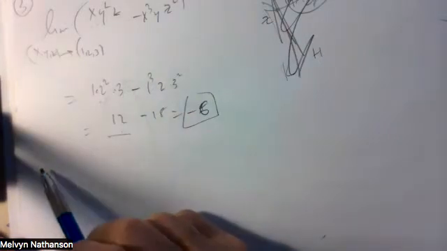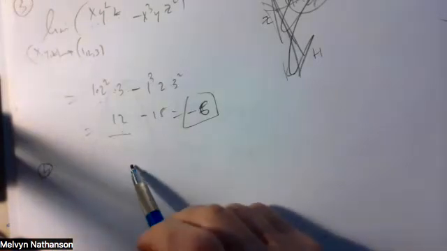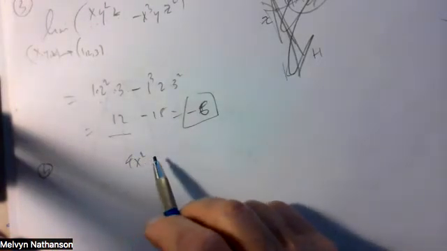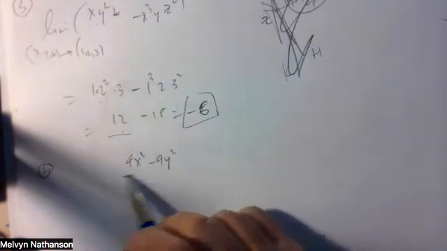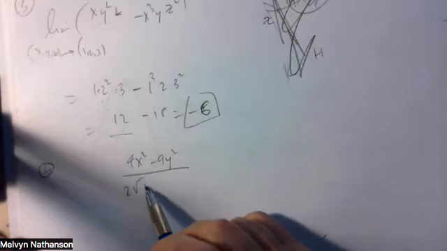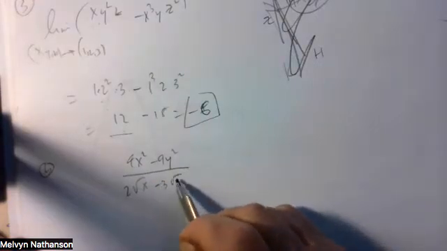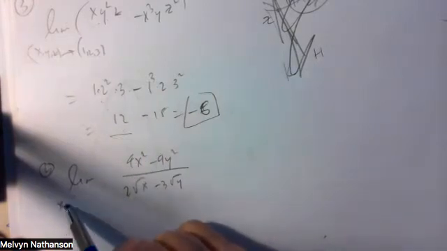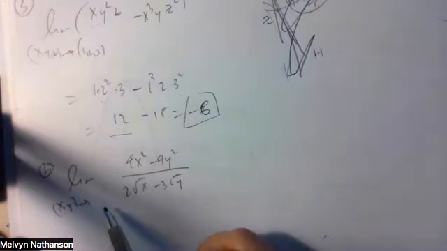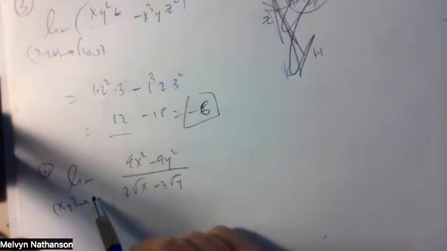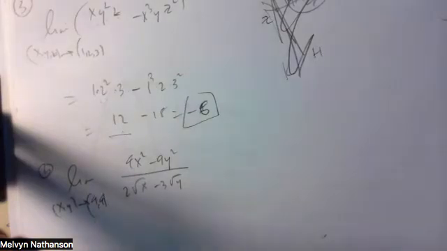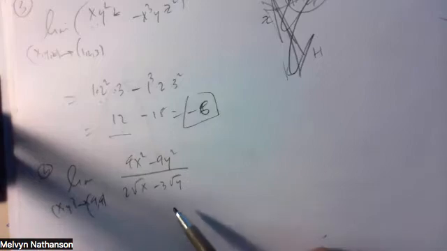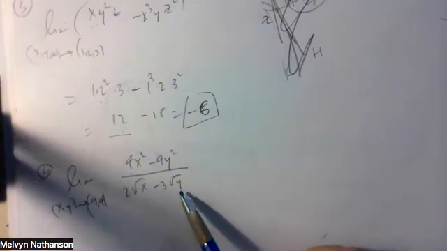All right. In the second limit, we have the function 4x squared minus 9y squared over 2 root x minus 3 root y. And I'm taking the limit as xy goes to the point 4, 4. So again, as xy approaches 4, 4, this denominator doesn't approach 0.